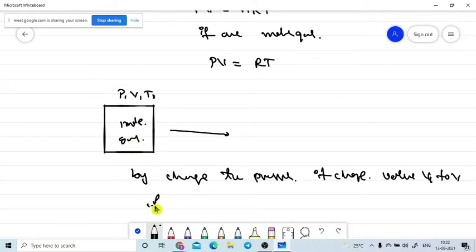In this process, temperature T1 is kept constant.